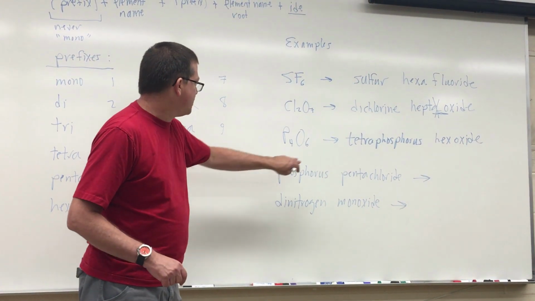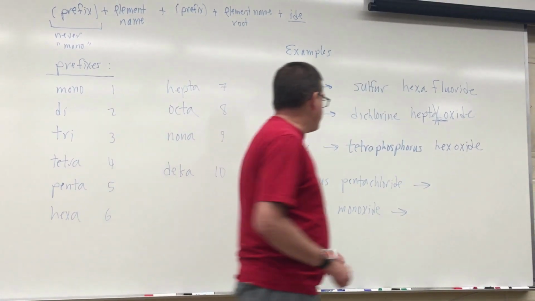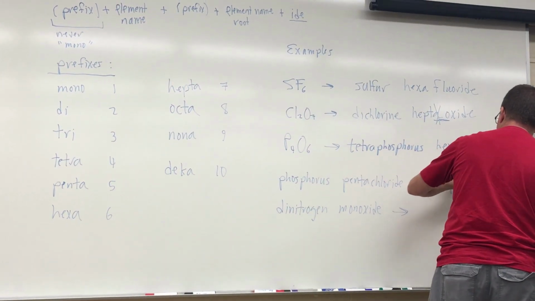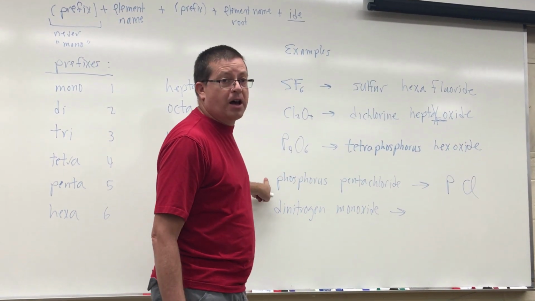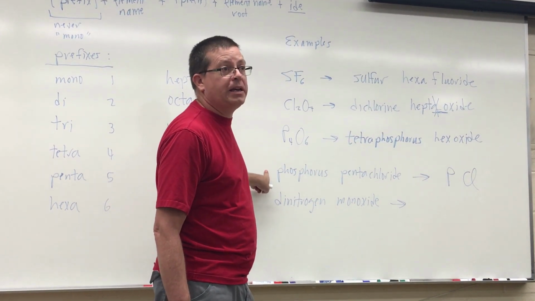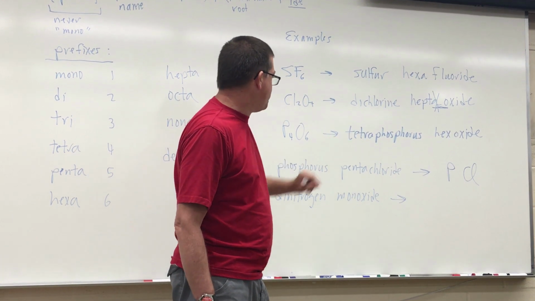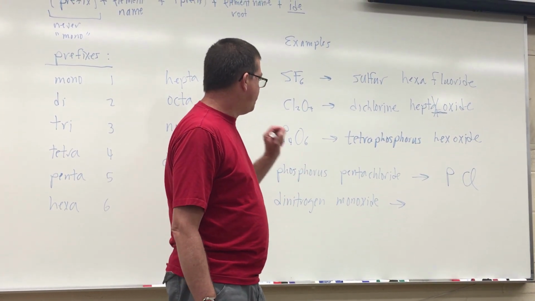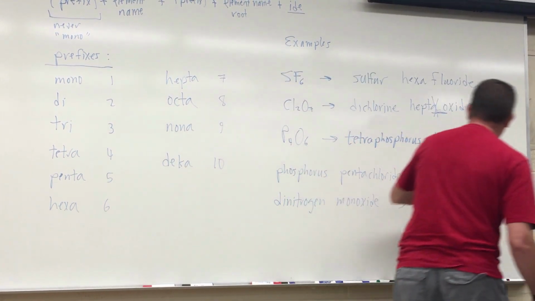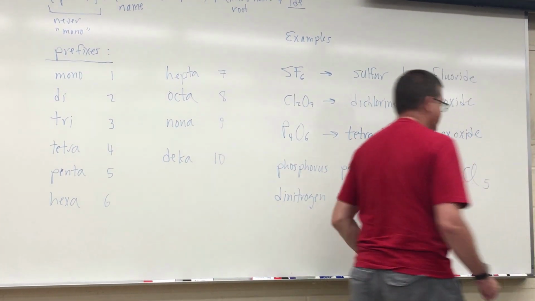So for phosphorus pentachloride, I know I've got phosphorus and I know I've got chlorine. Now, since there's no prefix in front of phosphorus, we know that is a P1. So I'll just leave it as a P there. Pentachloride means that I'm going to have 5 chlorines. So that would be PCl5.